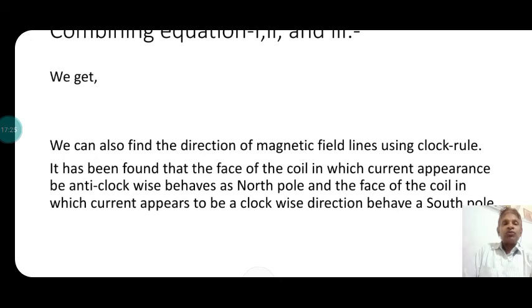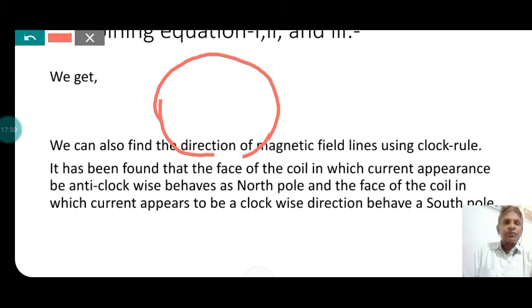It has been found that the face of the coil in which the current appears in the anti-clockwise direction, suppose you see a coil and this face, you see the current in the anti-clockwise direction.